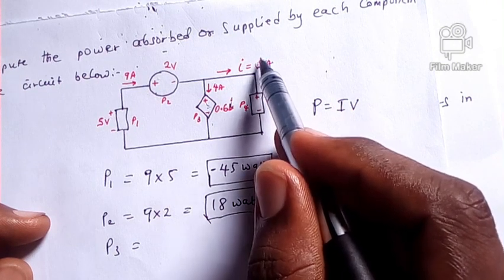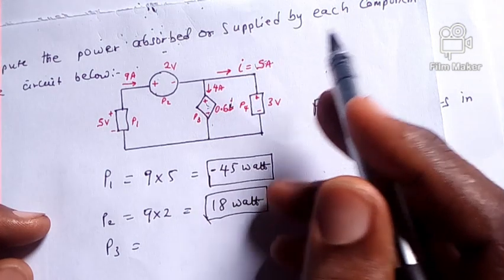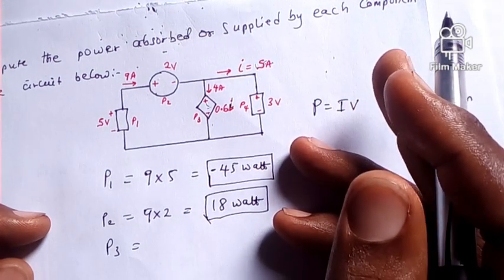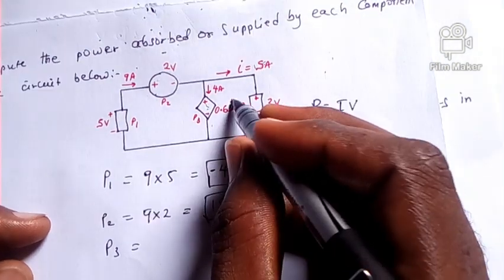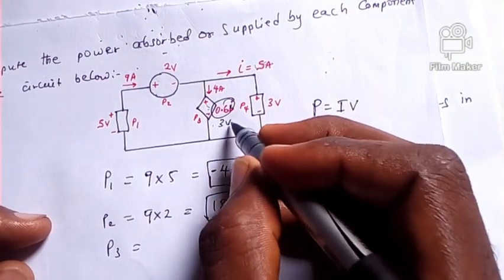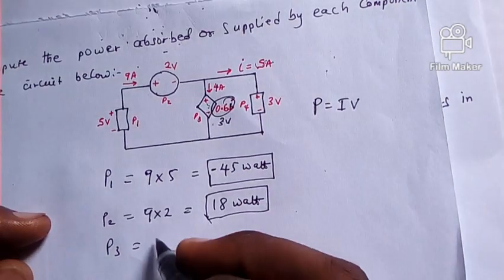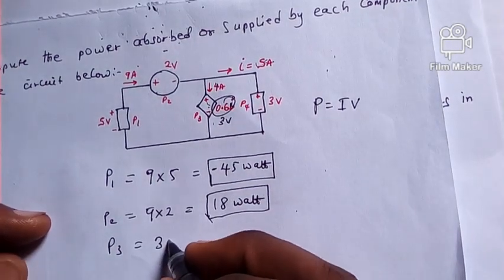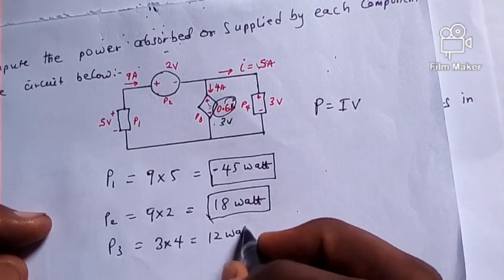So when we substitute 5 into this, I will have 0.6 times 5, and when you punch that on the calculator, you have 3 volts. Very well. So it means that the whole of this is 3 volts. When I take these 3 volts and multiply it by the current, I will get the power. So the power there is 3 times 4, and that is 12 watts.